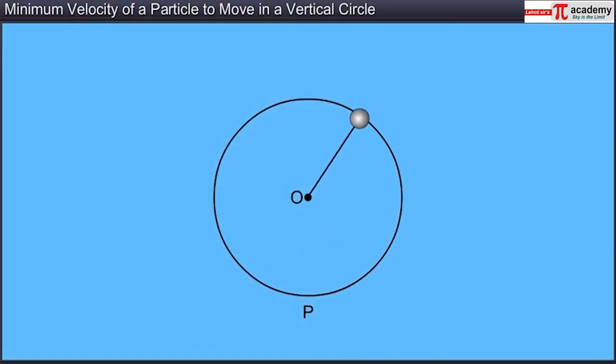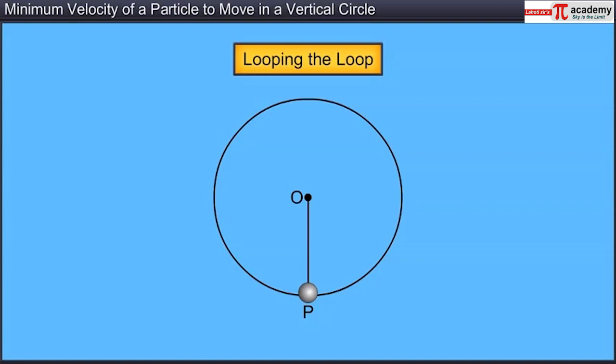When a particle completes its motion along the vertical circular path, it is called looping the loop. Looping the loop is possible only when the particle has the minimum velocity of square root 5gr at the lowest point.